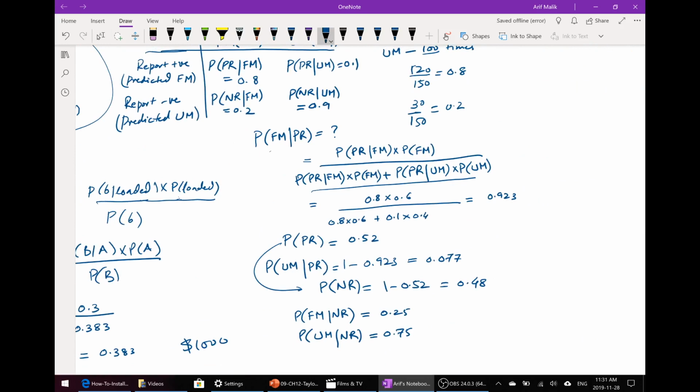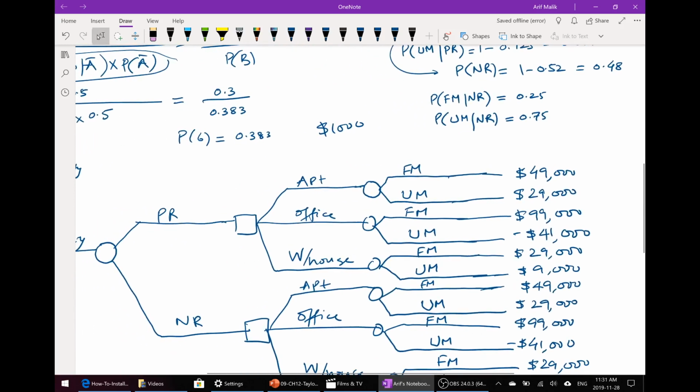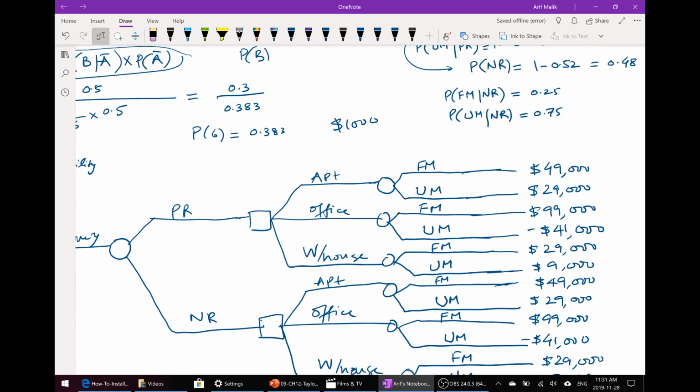The probability of favorable market, given that the positive report has come, is 0.923. So this one will be favorable market, positive report here, 0.923, and here we will have 0.077.